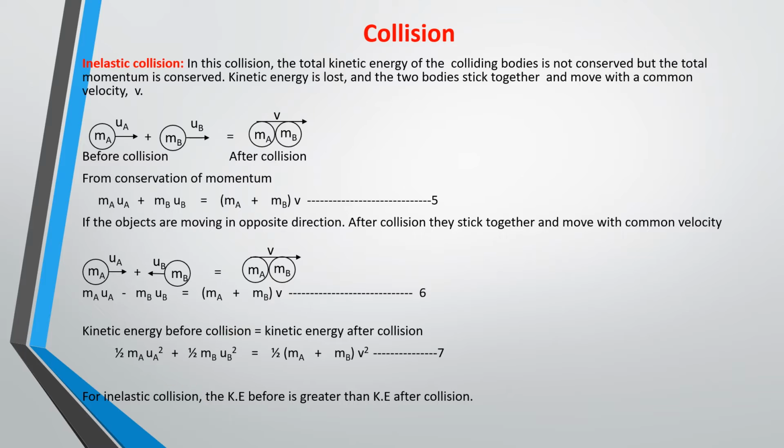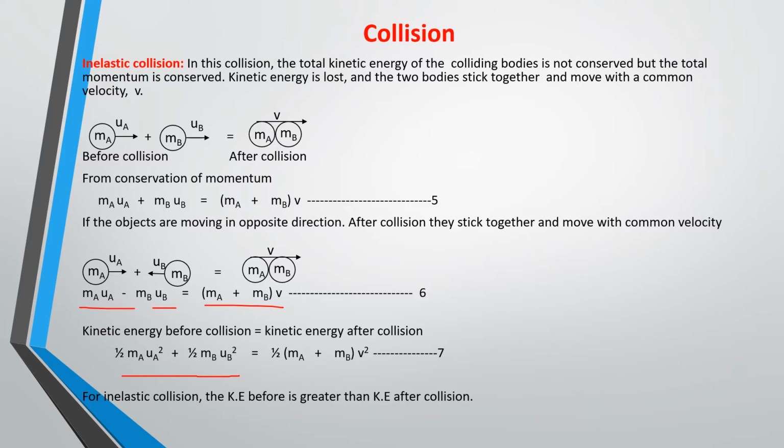Then for their kinetic energies, this will be the equation: kinetic energy before collision is equal to their common kinetic energy. If you look at this equation, you discover that the kinetic energy before collision is greater than the kinetic energy after collision.